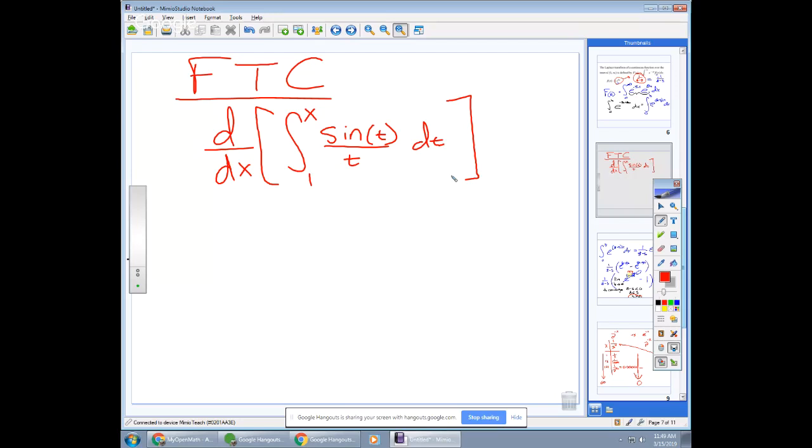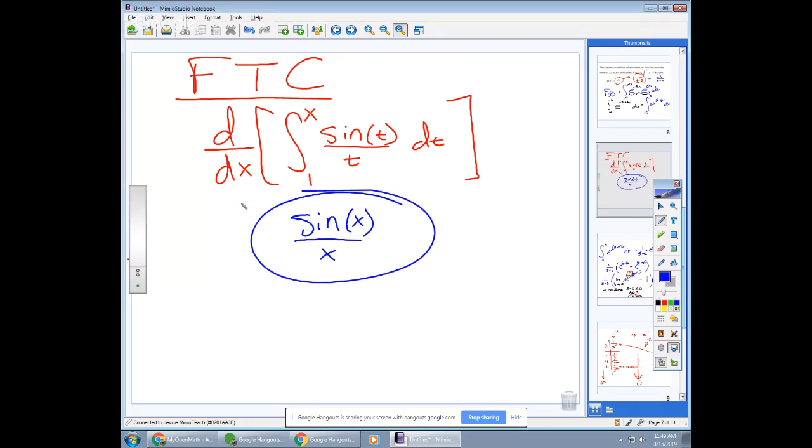It's sine of x over x. As long as there's an x up top as the end boundary, the x replaces t.